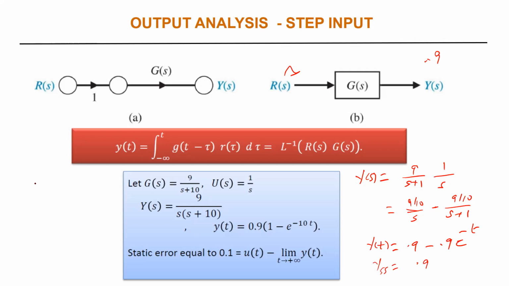Usually, if you set G of 0 equal to 1, you don't have any error in the system. This is by using the final value theorem. But anyway, we are going to do the analysis of the steady state error.